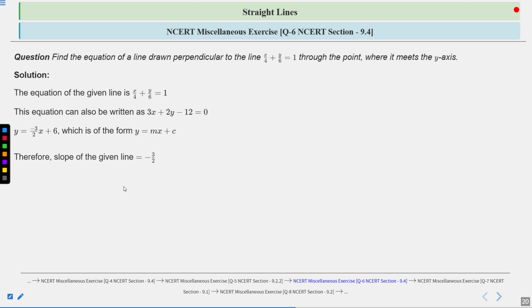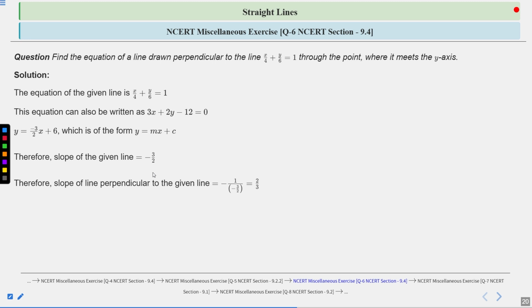And what is the slope of the given line? So therefore the slope of the given line is minus 3 over 2. So what is the slope of the line perpendicular to the given line? We all know this statement: if two non-vertical lines are perpendicular to each other, then if and only if the product of their slopes is negative 1.